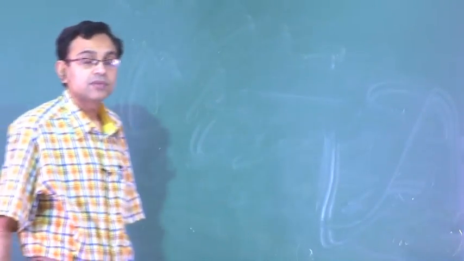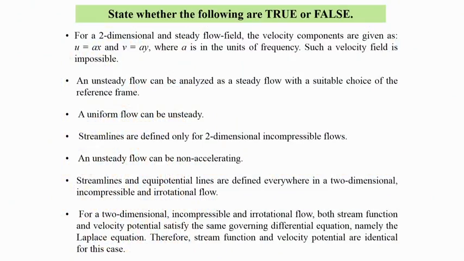Next question. So, let us refer to the next question. For a two dimensional incompressible and irrotational flow, both stream function and velocity potential satisfy the same governing equation, that is the Laplace equation. Therefore, they are identical.